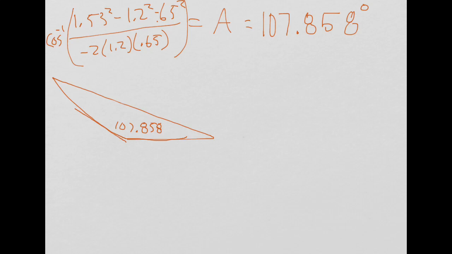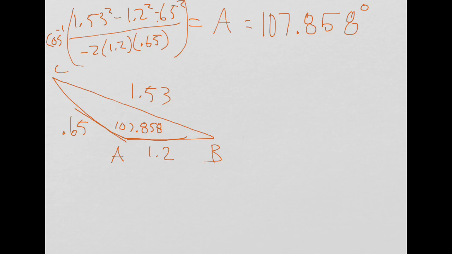I'm still going to have angle A, angle B, angle C, and then the same side lengths, 1.53, 0.65, and 1.2. Nothing changes. You really don't need to redraw your diagram. I just did it because I'm being a punk. Still clearly not a good diagram, but whatever.